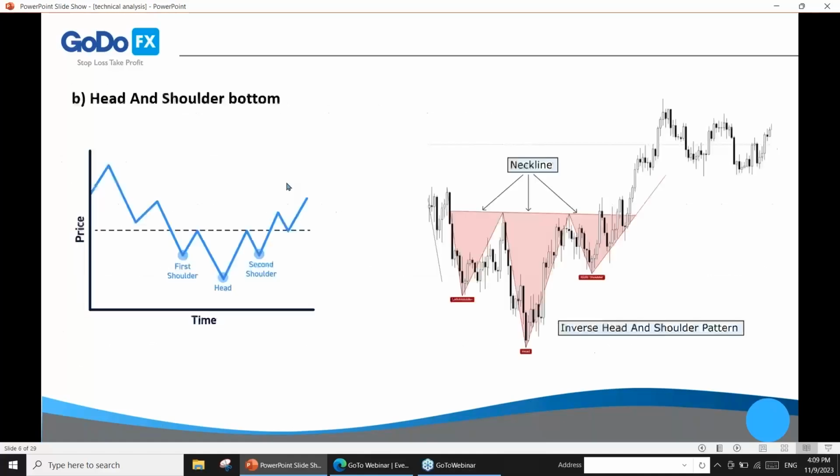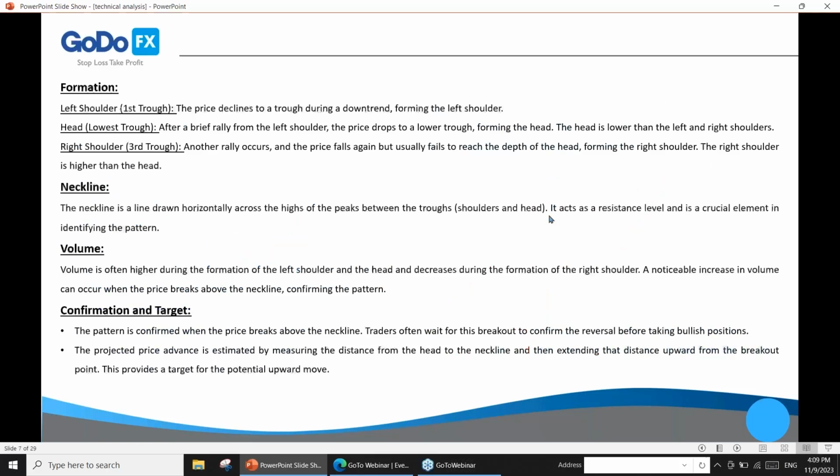And the neckline is also the resistance, because it runs across the highs of the peaks between the troughs, the shoulders and head, and it acts as a resistance level and is a crucial element in identifying the pattern. The volume is often higher during the formation of the left shoulder and the head and decreases during the formation of the right shoulder.